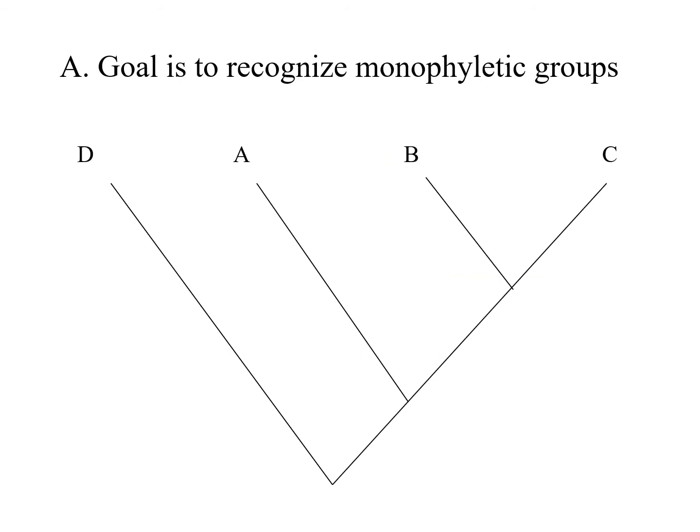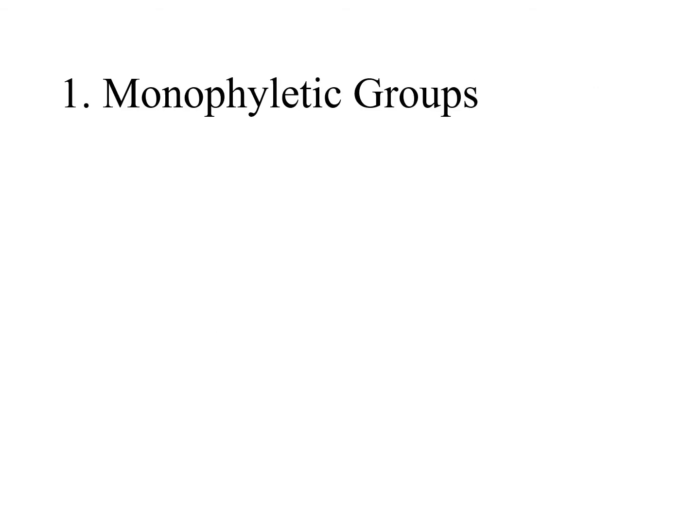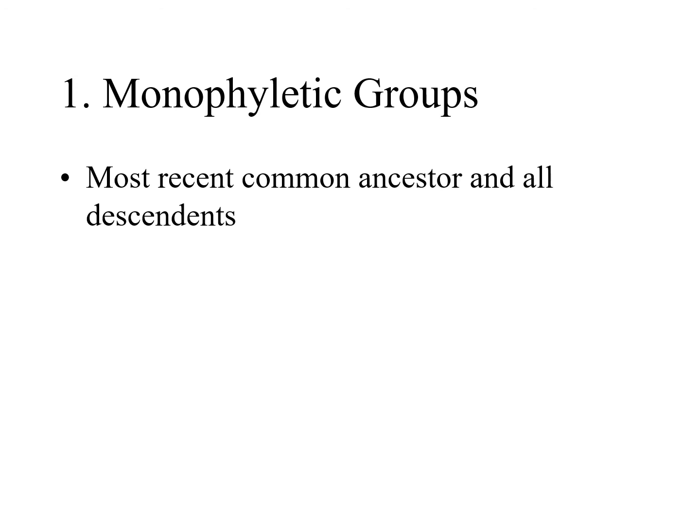The goal of cladistics is to recognize groups that are monophyletic, right? Mono means one, phyletic refers to evolutionary history. What we want to do is recognize groups that all share a recent common ancestor. So in cladistics, the monophyletic group includes the ancestor and all of its descendants, right?